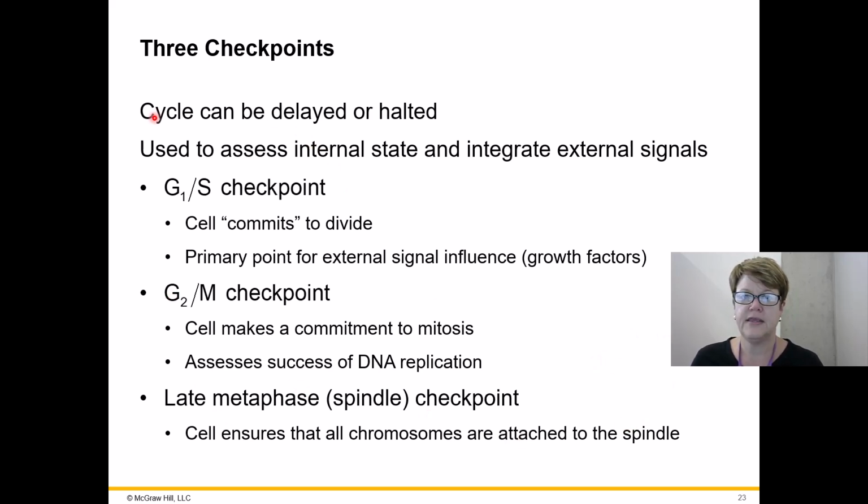At these checkpoints, if the cell isn't able to meet the requirements, the cell can stop and delay moving forward, and it can fix the problem. However, if the cell cannot fix a problem, let's say a cell gets stopped at a checkpoint and tries to fix the problem but can't, the cell will initiate what's called apoptosis.